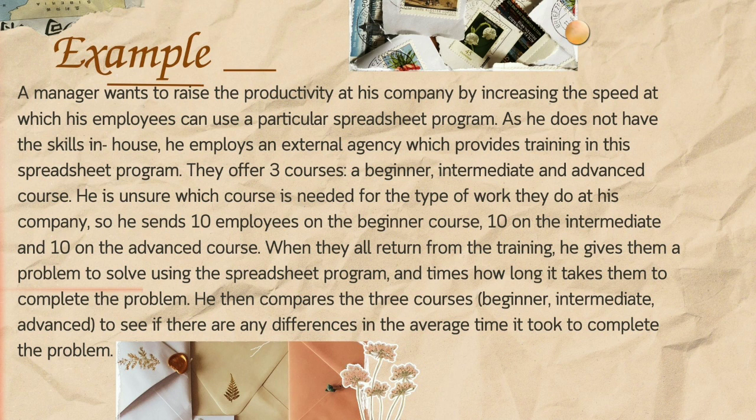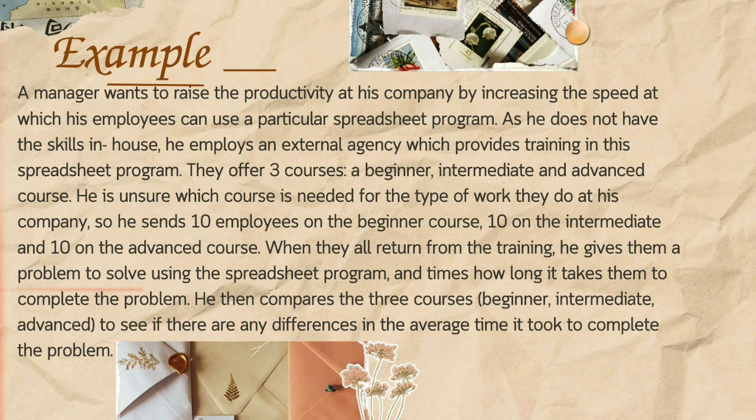He is unsure which course is needed for the type of work they do at his company. So he sends 10 employees on the beginner course, 10 on the intermediate, and 10 on the advanced course. When they return from the training, he gives them a problem to solve using the spreadsheet program and times how long it takes them to complete the problem.